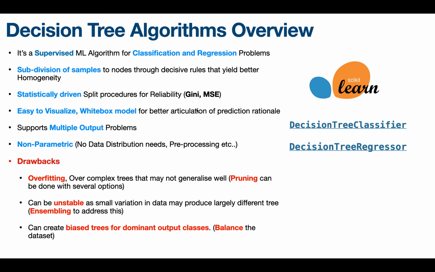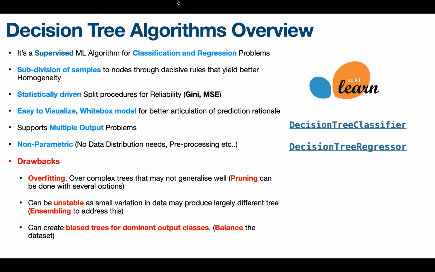That's a commonly known problem with decision trees, but those things could be addressed by balancing the data set. We have multiple techniques, but balancing the data set to have an equal number of samples from both classes would help in such cases. There will be other techniques as well, and we'll look at them. So this is primarily the basic overview of what decision trees are, at a very fundamental level.